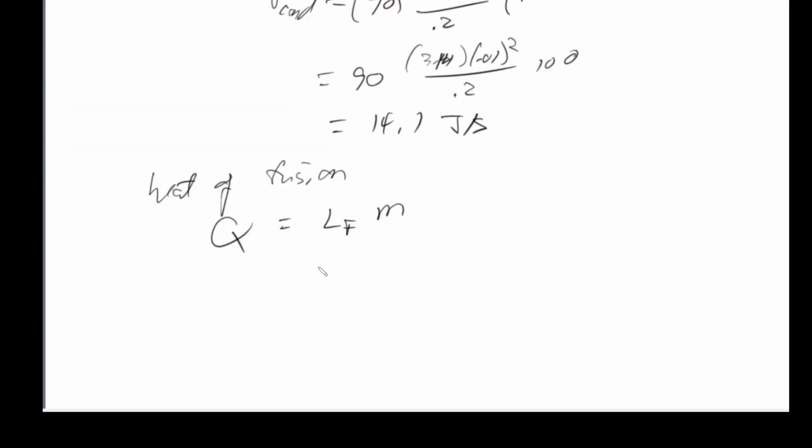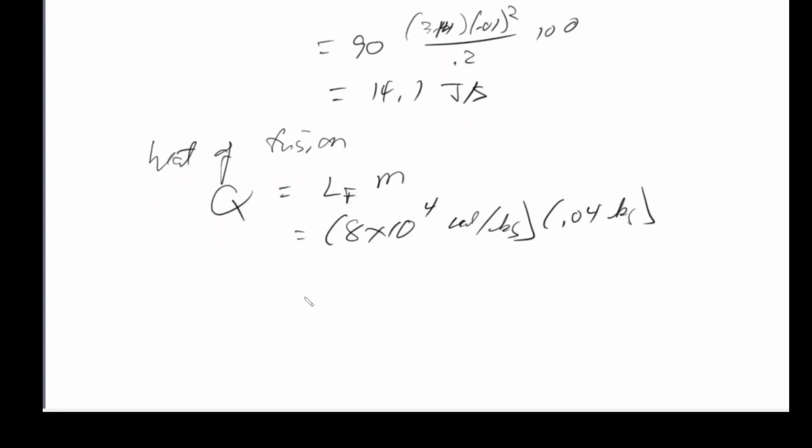The heat of fusion is 8 times 10 to the fourth calories per kilogram, and the mass is 0.04 kilograms. So the heat transferred is equal to 3,200 calories, or 13,408 joules.